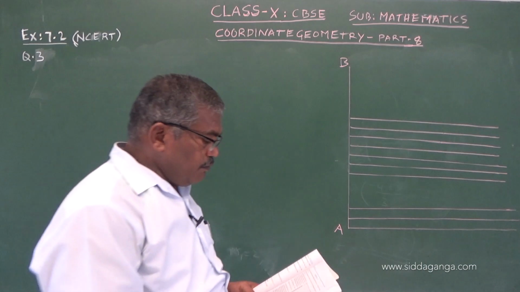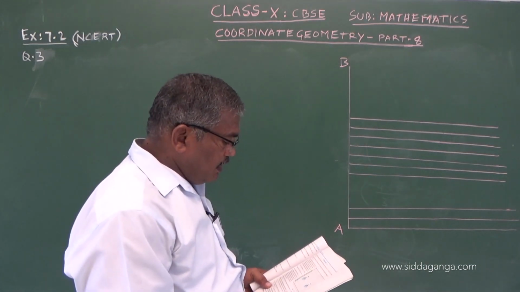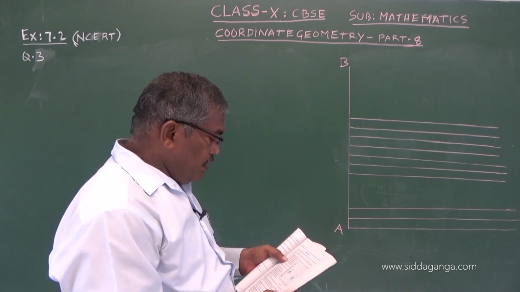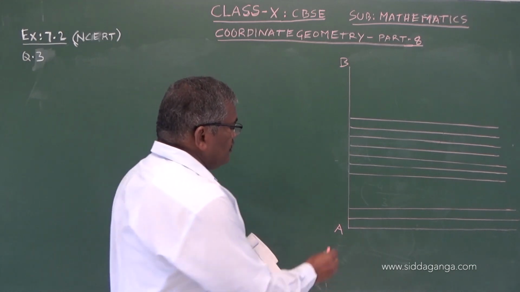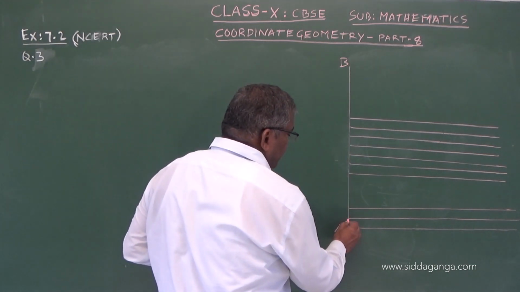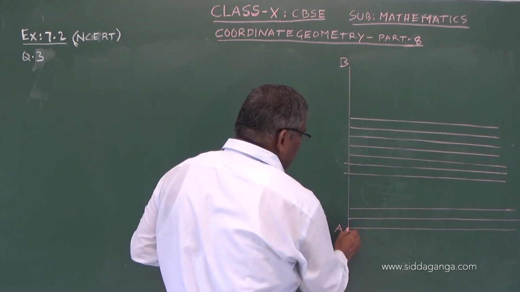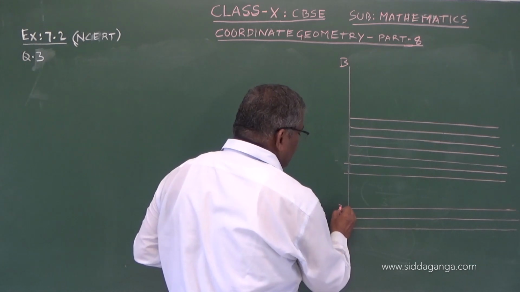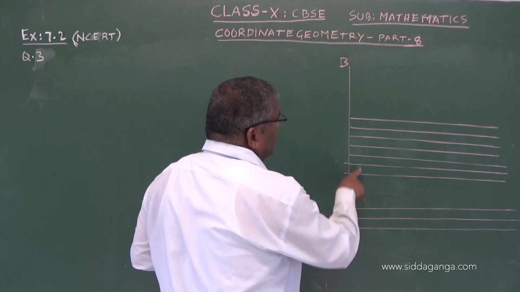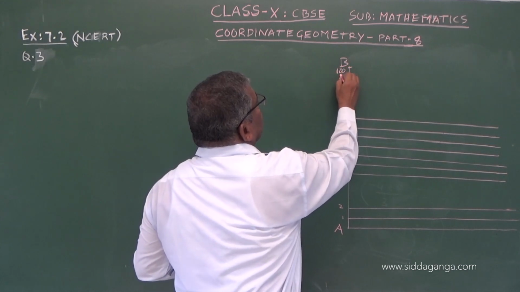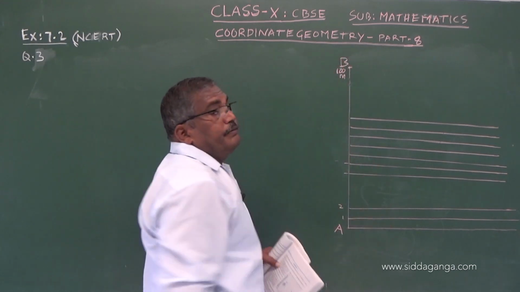See, to conduct sports day activity, lines have been drawn with chalk powder at a distance of 1 meter each. These are 1 meter each. From here to here it is 1 meter. This is say 0. This is 1 meter. This is 2 meter, and continuation is there. And this is 100 meter end point.